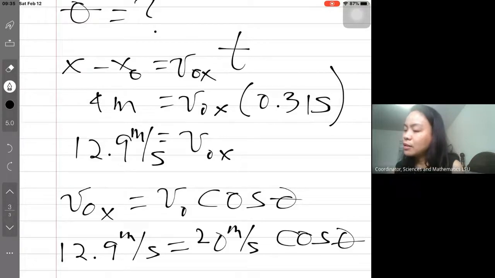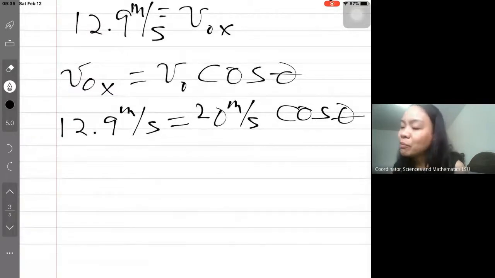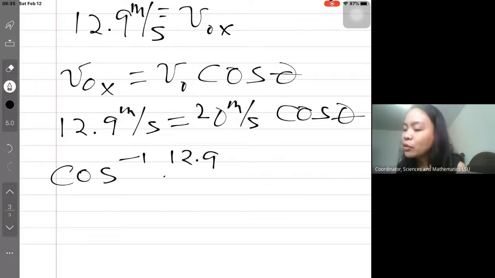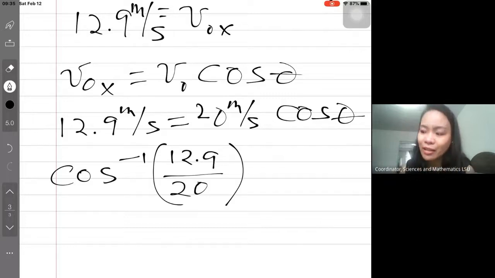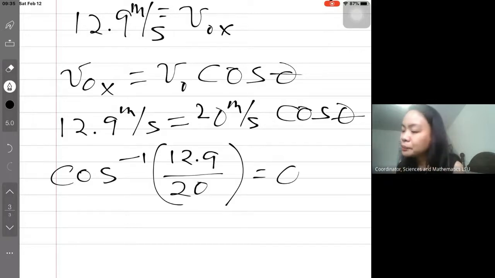Dividing both sides by 20 and getting the inverse cosine of 12.9 over 20, I do away with the units already because they cancel out.